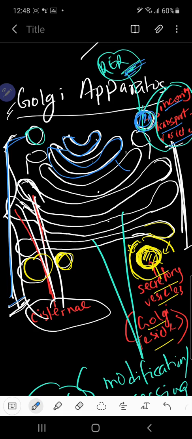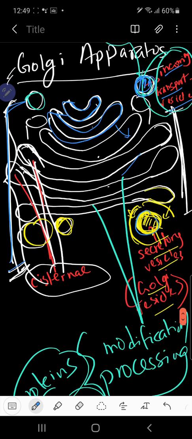These enter the Golgi apparatus, where they are modified and processed, and different types of proteins are modified to form glycoproteins, and lipids can be modified to form glycolipids, which are used for the synthesis of the phospholipid bilayer or the cell membrane. We also learned that it buds off at the bottom end of the Golgi apparatus to form secretory vesicles or Golgi vesicles, and these Golgi vesicles can be carried out of the cell through the cell membrane.